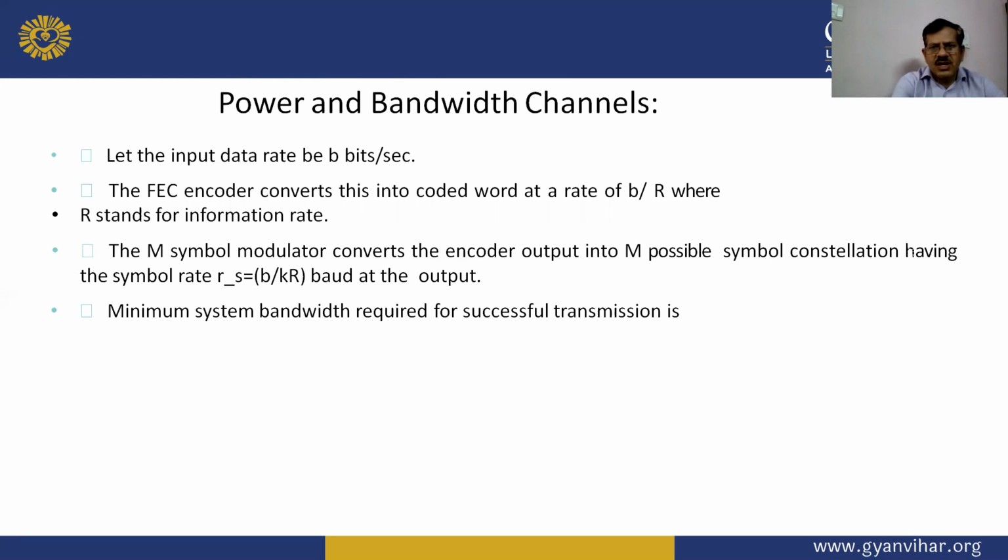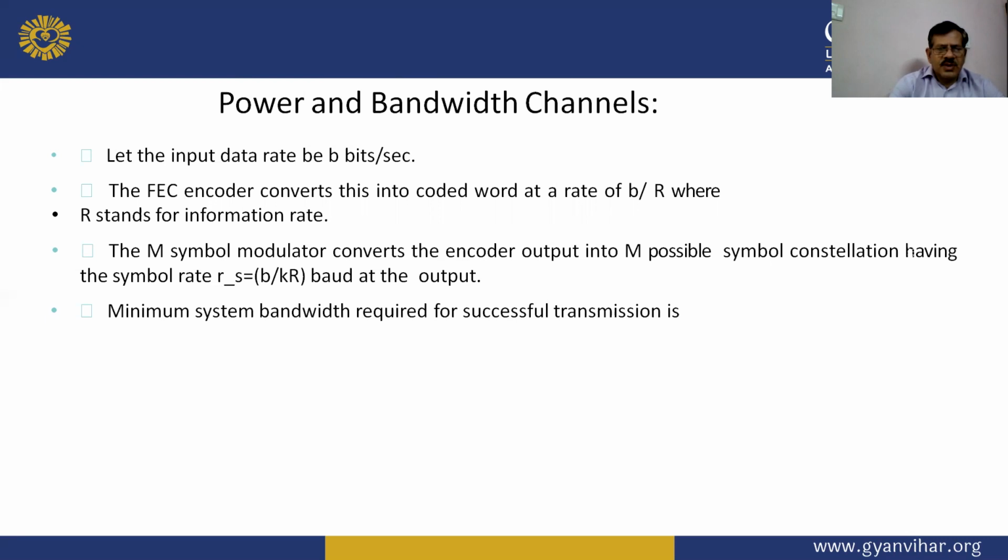The M-ary symbol modulator converts the encoder output into M possible symbol constellation having the symbol rate.